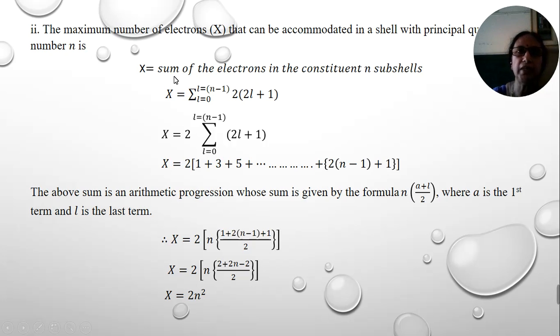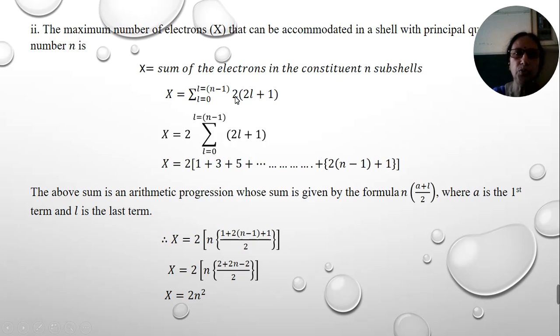So I have written it as the sum of the electrons in the constituent n subshells. That is nothing but an algebraic sum. L is from 0 to n minus 1. L can take the values from 0 to n minus 1, the same thing I have taken as a limit here. So the sum of 2 into (2L plus 1), because this will give you the maximum number of electrons in the subshells.